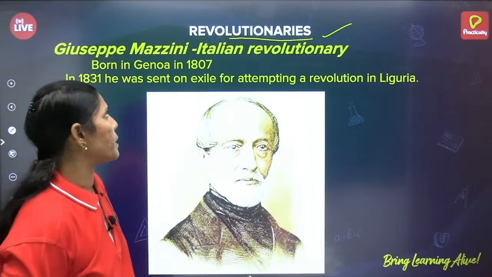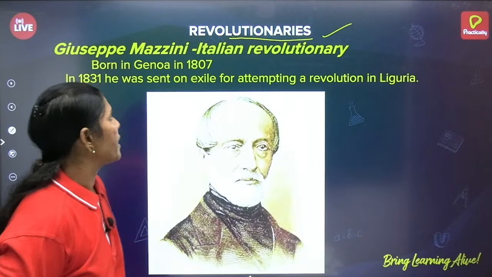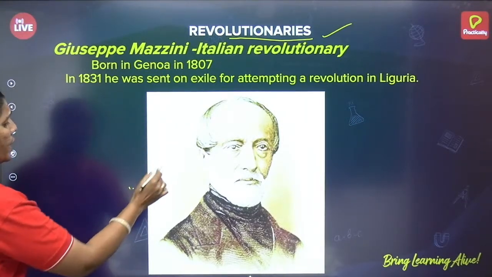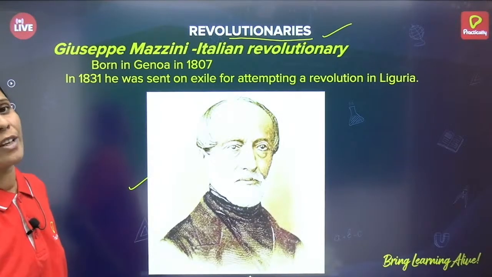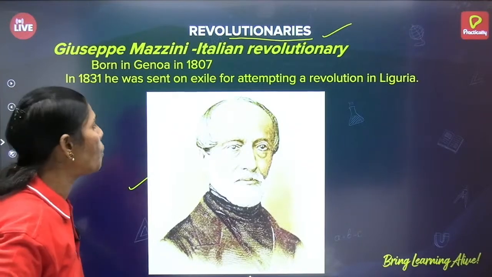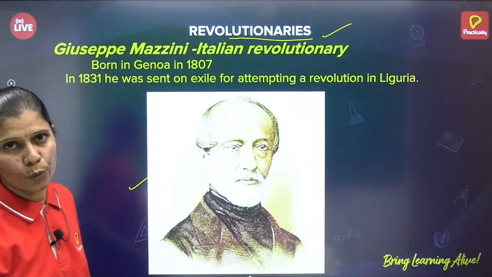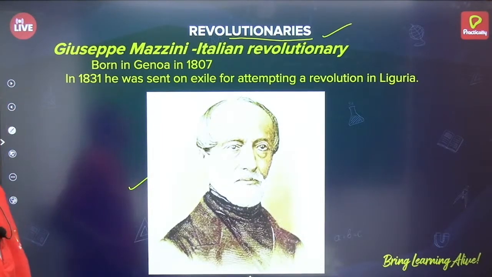One of the important personalities in Europe we will be learning about is Mazzini, whose name is Joseph Mazzini. He was a famous personality, and we will learn in detail how Mazzini played a role in Italy.